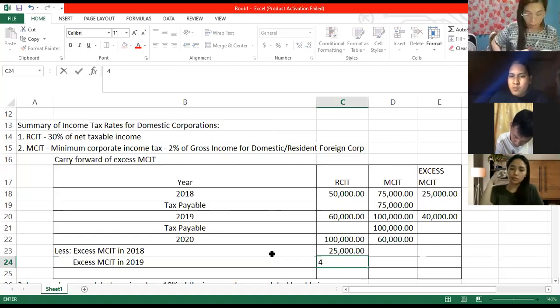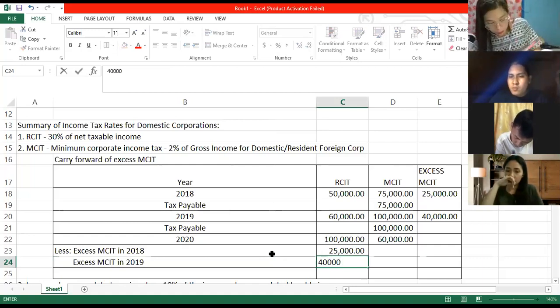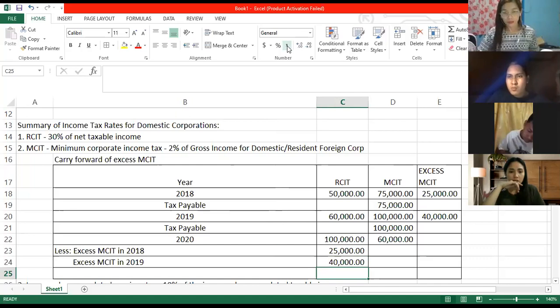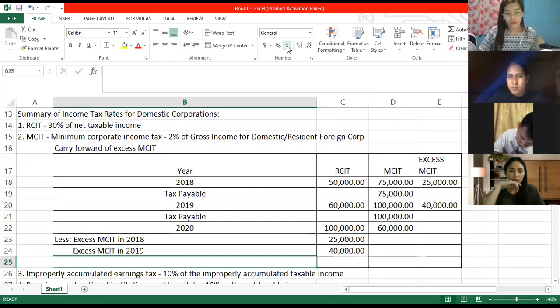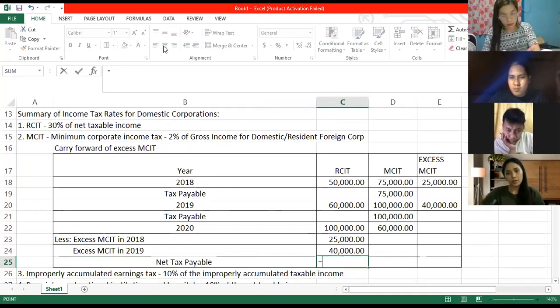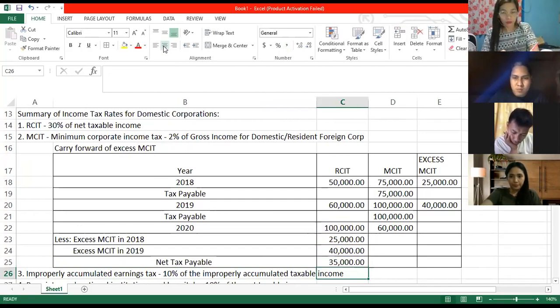Magkano yun? 40,000. Ayan. So, meaning to say, yung net tax payable mo will no longer be 100,000, but 35,000 pesos. Okay?